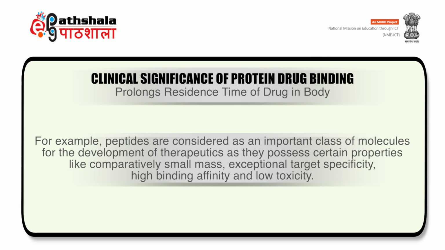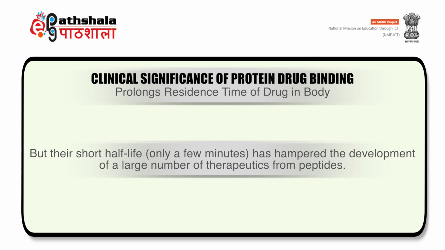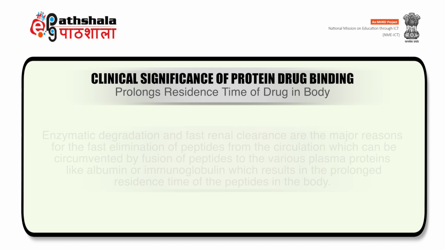For example, peptides are considered as an important class of molecules for the development of therapeutics, as they possess certain properties like comparatively small mass, exceptional target specificity, high binding affinity and low toxicity. But their short half-life, which is only a few minutes, has hampered the development of a large number of therapeutics from peptides.